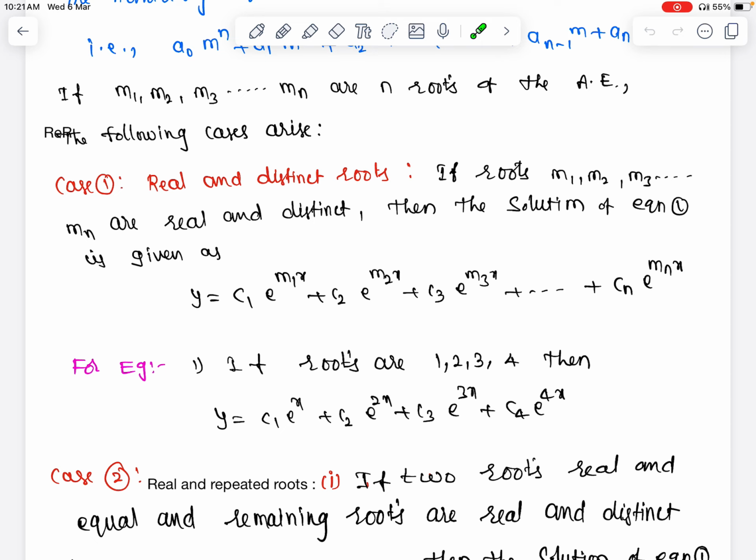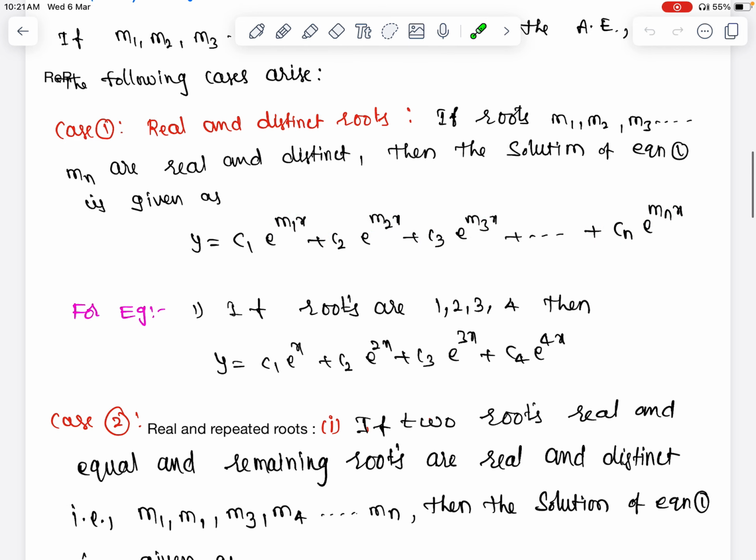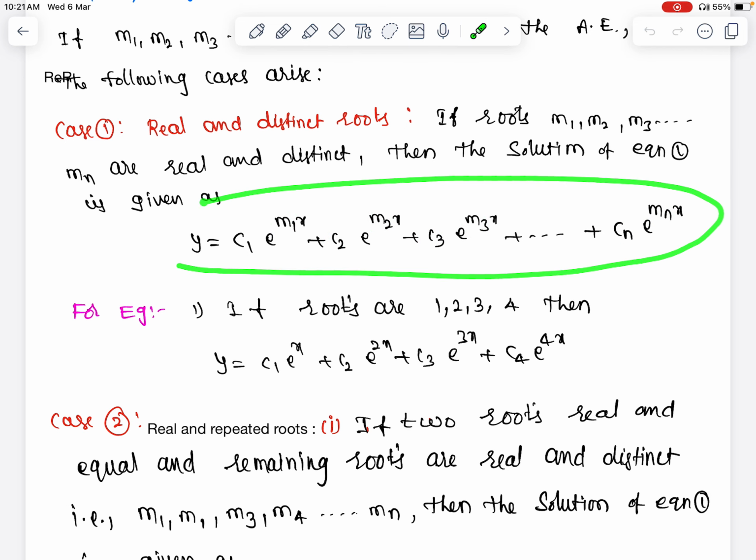Here m1, m2, m3, up to mn are real and distinct, so the general solution is C1 e^(m1 x) + C2 e^(m2 x) + C3 e^(m3 x) + ... + Cn e^(mn x). It is the complementary function.